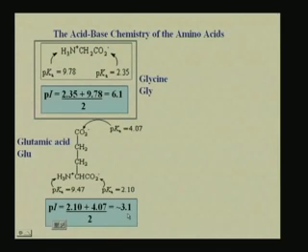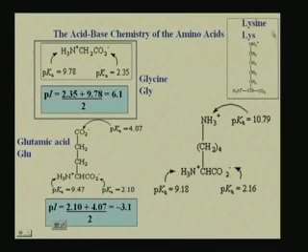Net charge of the solution will always be 0. The net charge on the amino acid depends on what the pH of your solution is. If you have a pH corresponding to the pI, then the charge on the amino acid is 0. When we have lysine, what does lysine have? Lysine has an additional NH3 plus.